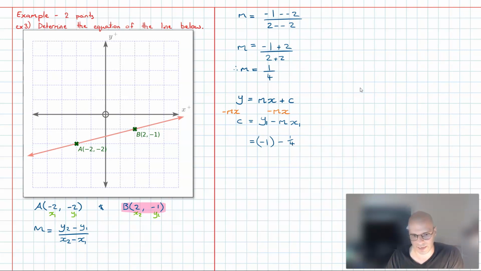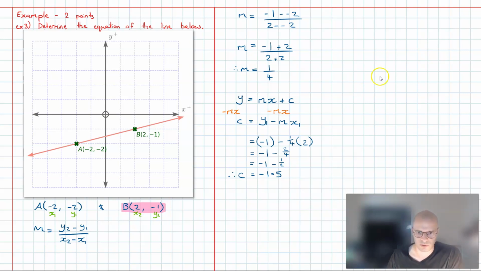And then my x1 is going to be, we'll take the x2 here, which is 2 over 4, which is the same as saying a half. So therefore, what I'm going to find is that it will be 1.5. So C is equal to negative 1.5.